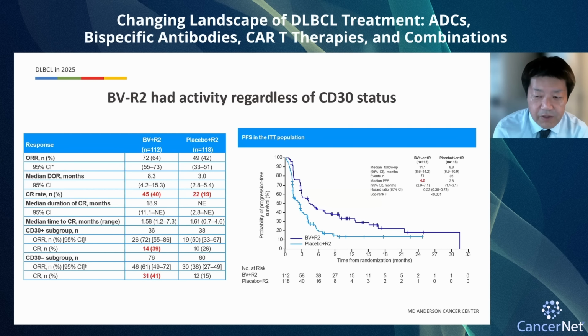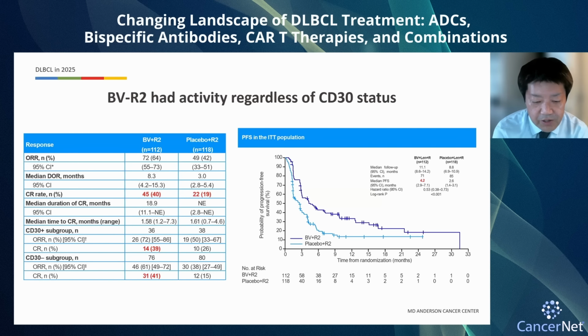Interestingly, the benefit was observed regardless of CD30 expression, with CD30-negative patients also responding well to the treatment. The complete response rate for CD30-negative patients was 40%, which is not different from those patients who had CD30 expression.